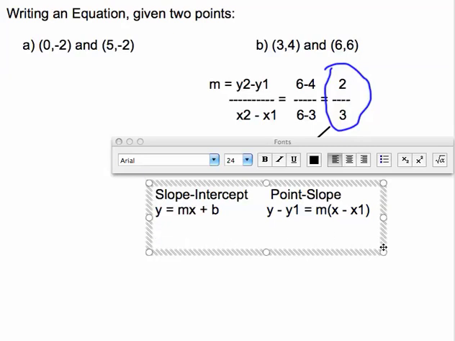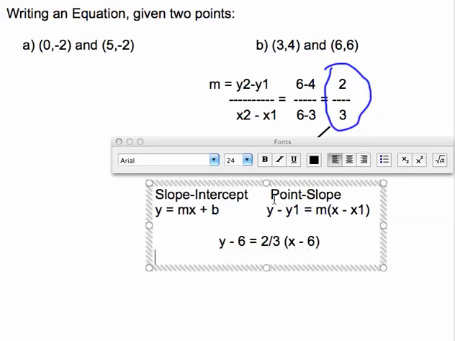So the y1 is represented by the y-coordinate of any point. So I'm actually going to use 6, 6 here. It doesn't matter. So let's take that y value, which is 6, substitute it in for y1, equals 2/3 times x minus the x value, which is 6.